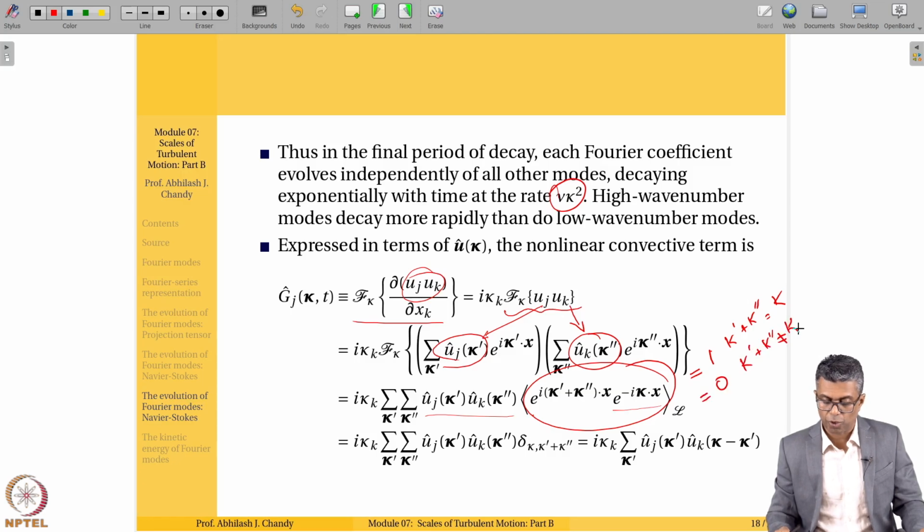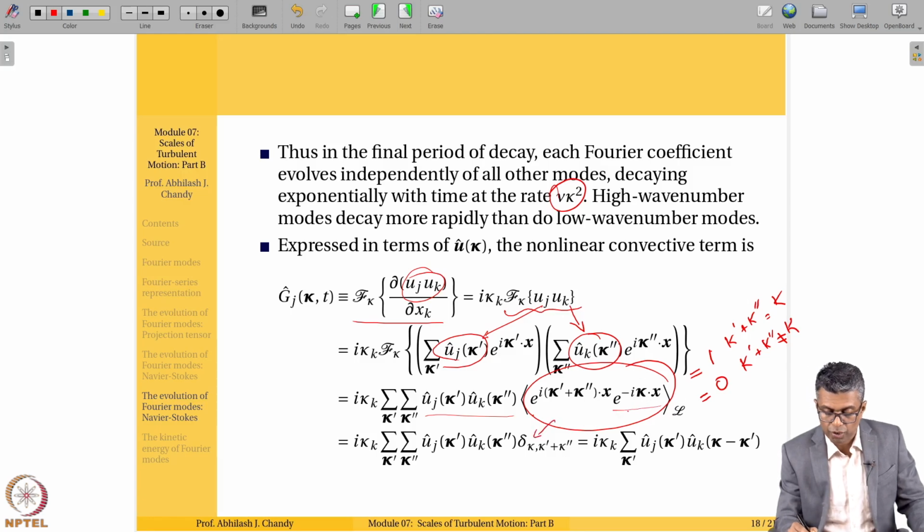So you just need to consider everything related to 1. So e to the i (kappa prime plus kappa double prime) dot x times e to the minus i kappa dot x would be equal to the Kronecker delta of kappa prime plus kappa double prime.